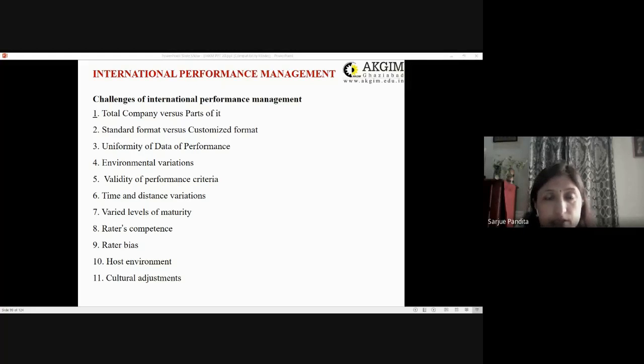Then last is your cultural adjustment. Obviously, it is one of the very important and crucial factors which one needs to consider, because the adjustment of the employee to the organization culture and the country's culture, and the adjustment of the employee's family members to the country's culture, will influence the employee's performance.